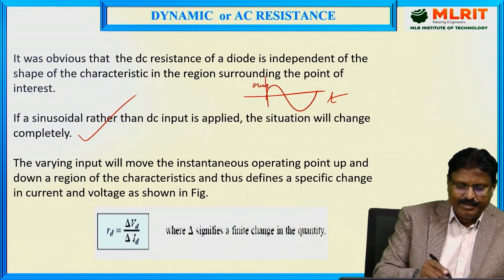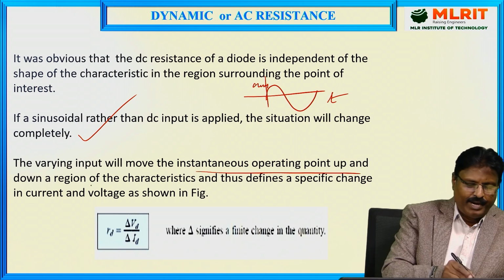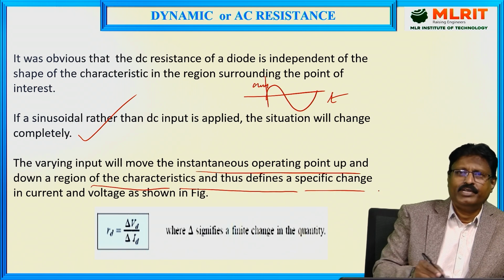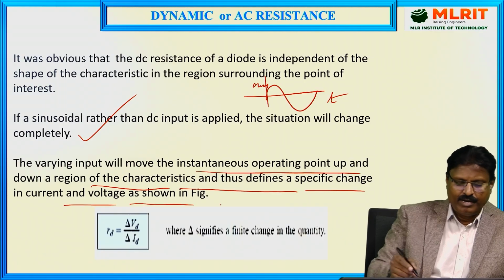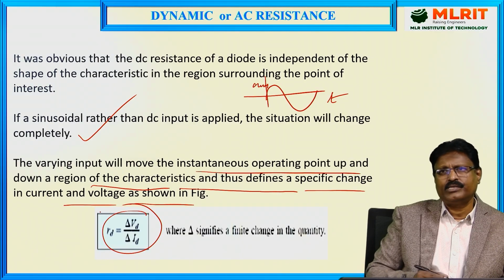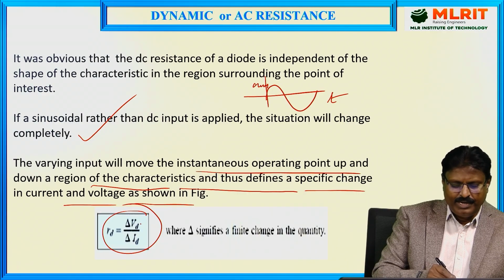So what happens here? The varying input will move the instantaneous operating point up and down on the characteristic curve, and thus defines a specific change in the current and voltage. This is represented as lowercase rd, the AC resistance, and the formula is delta VD by delta ID.